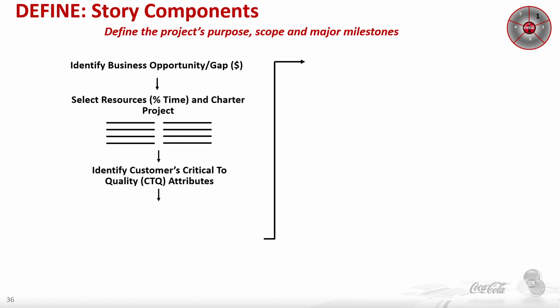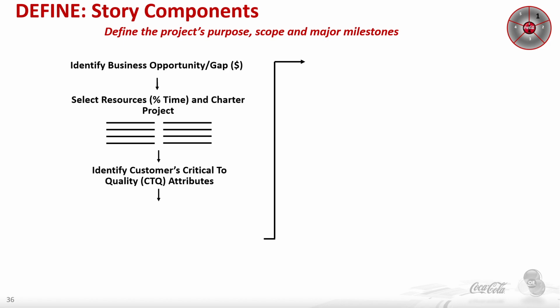Then we have to select the resources: the time, the people, the team, the budget, etc. And then we have to define a project charter in which we have to put all these elements: the opportunity, the resources, scope, etc.